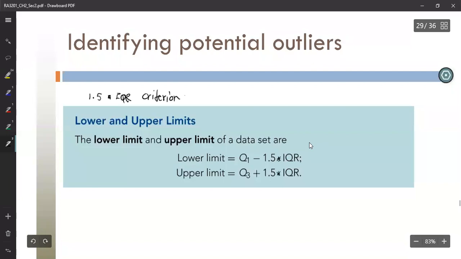Then you get the IQR and multiply it by the value 1.5. You find the value 1.5 times IQR. Then you subtract it from the first quartile.